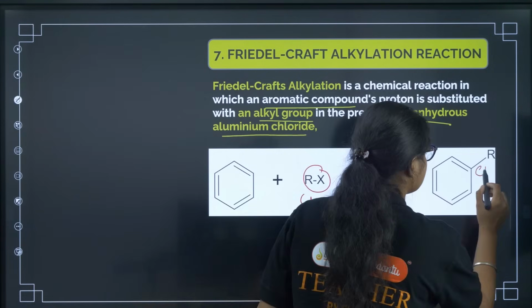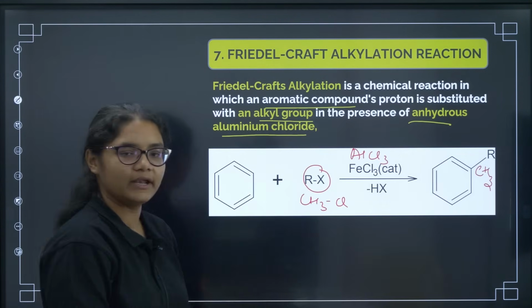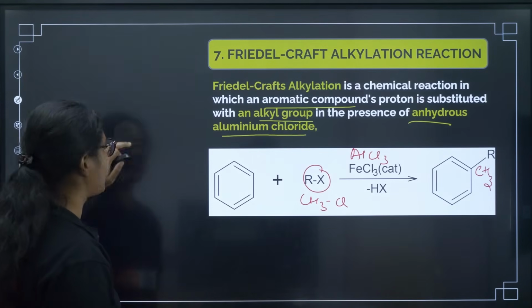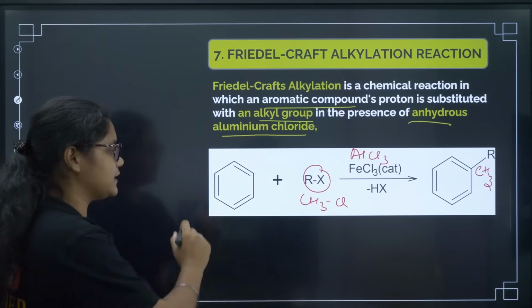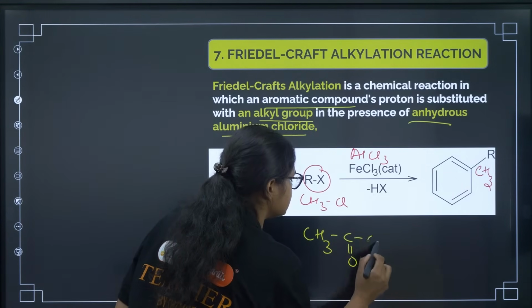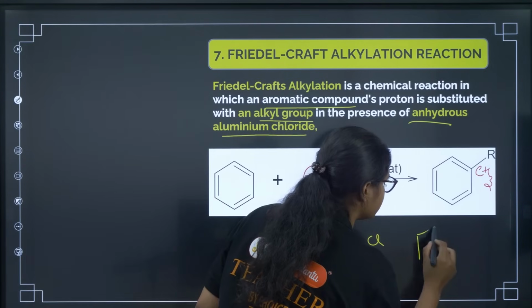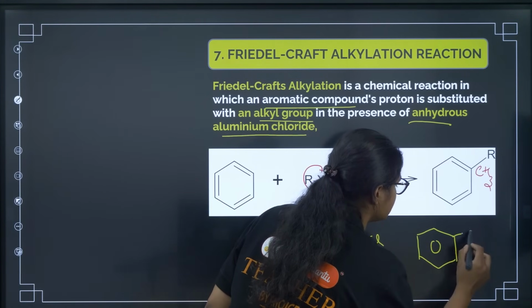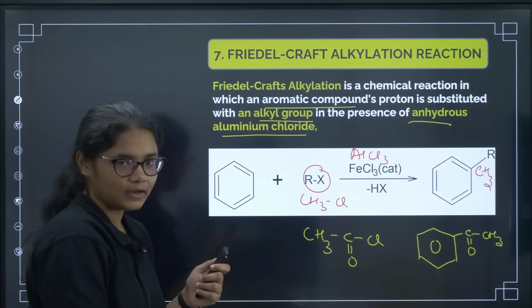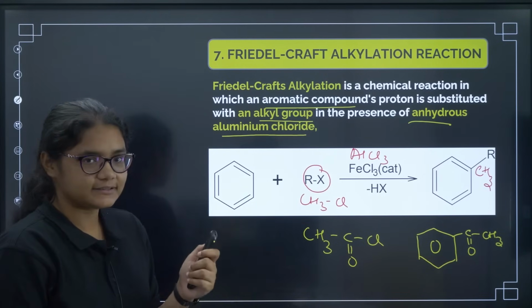Again we get toluene, right? So that is the alkylation part. Now one more reaction I'll add, Friedel-Crafts acylation. The same thing will happen if you take another acylation group, that is CH3COCl. Then in the product we will get COCH3. Okay, done. So 7 reactions are completed.